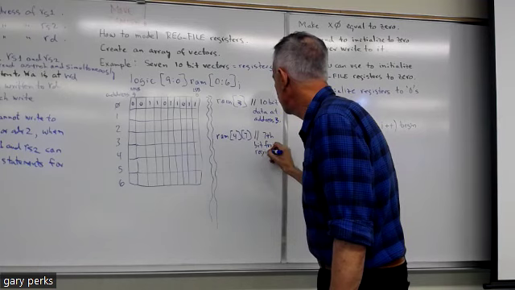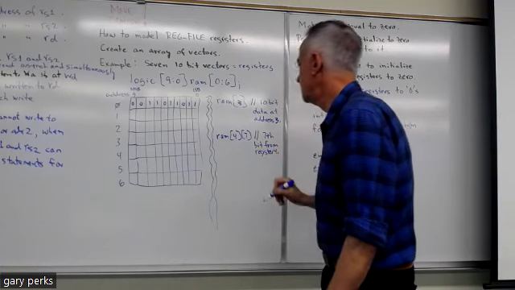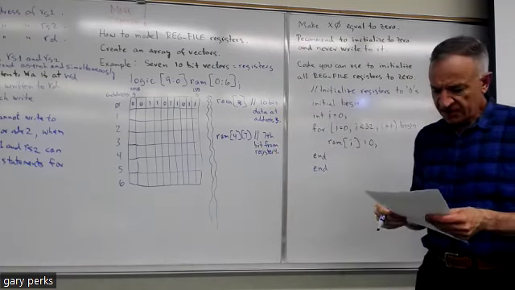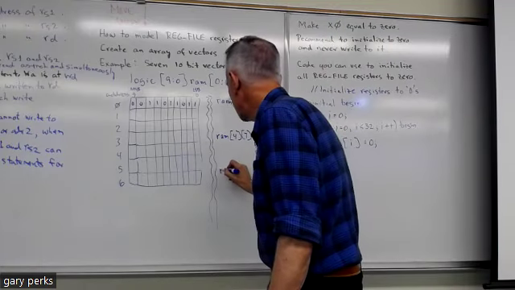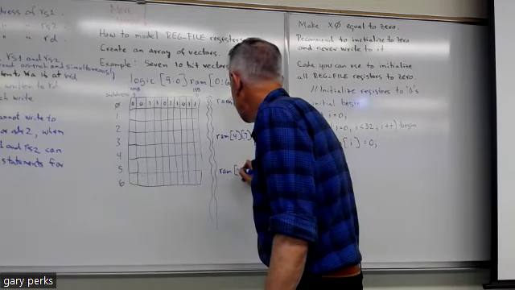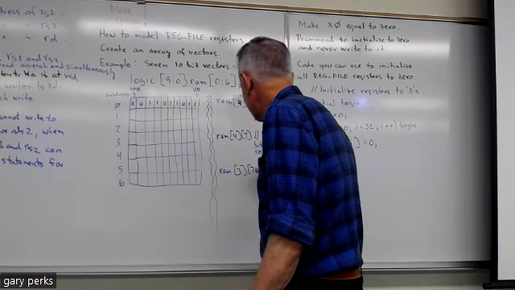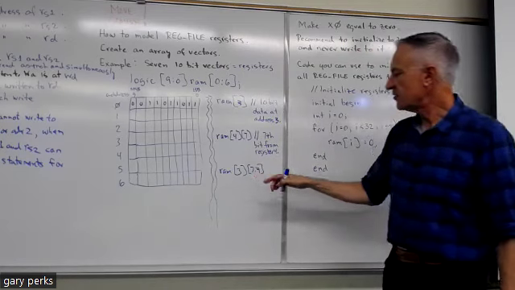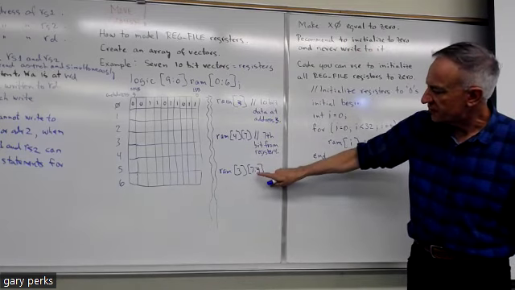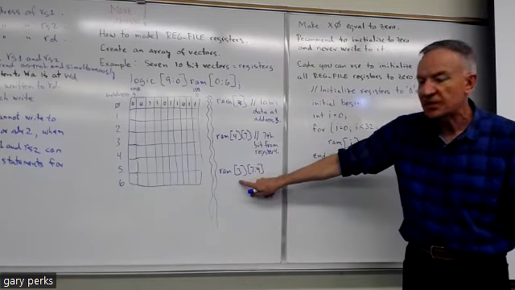Okay, and then you can do things like this. You could have RAM 3, and then say you wanted multiple bits. You could do something like this, where now it's going to take these 4 bits, the 4th, 5th, 6th, and 7th bit from register 3.